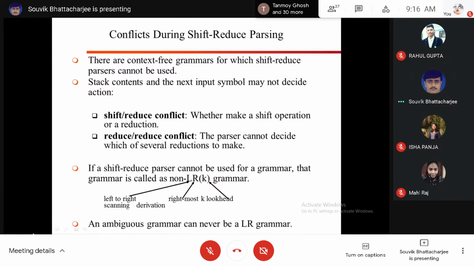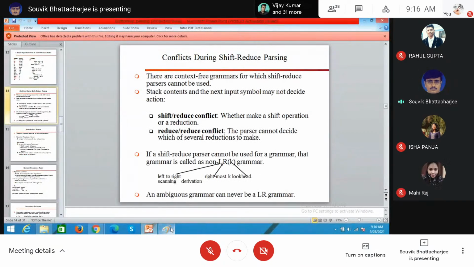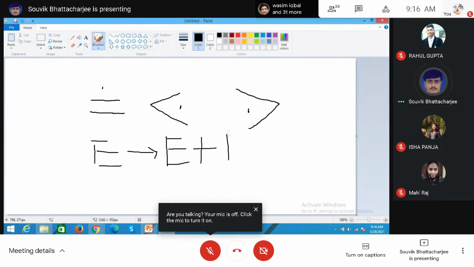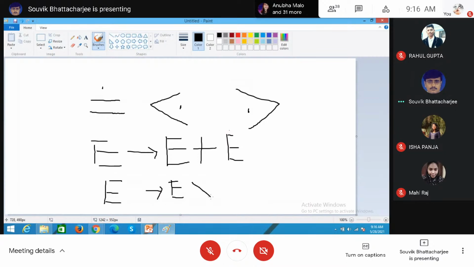For example, I'm just showing you why this conflict may occur. Suppose your grammar is like this: E produces E plus E, what I have sent you, E produces E star E, followed by E produces ID.